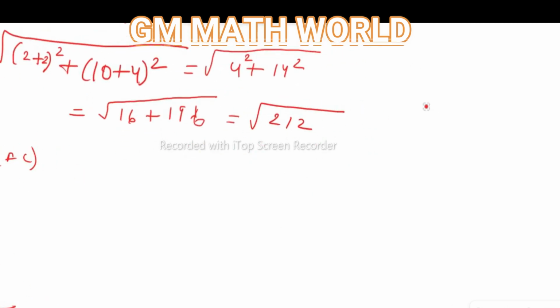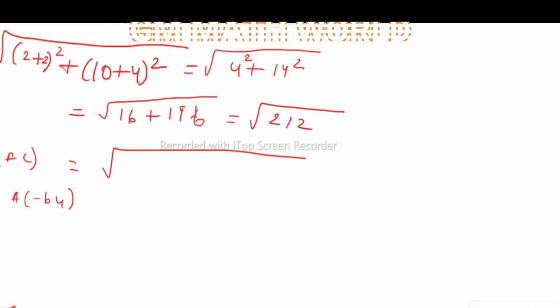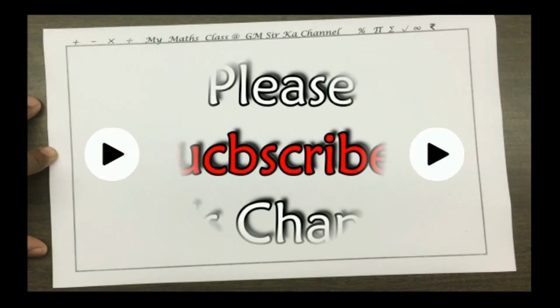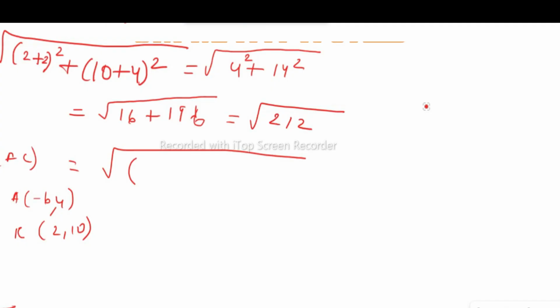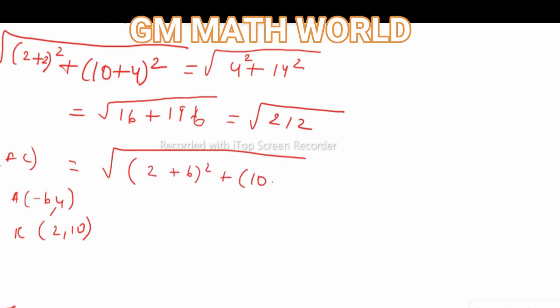Now we will find the distance AC. A is minus 6 comma 4 and C is 2 comma 10, and the distance AC is (2 minus minus 6), which becomes 2 plus 6, the whole square, plus (10 minus 4) squared. 2 plus 6 is 8, squared; 10 minus 4 is 6, squared. 8 squared is 64, 6 squared is 36.